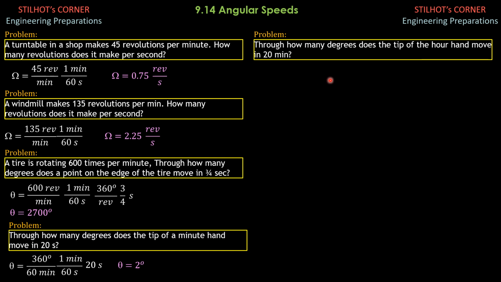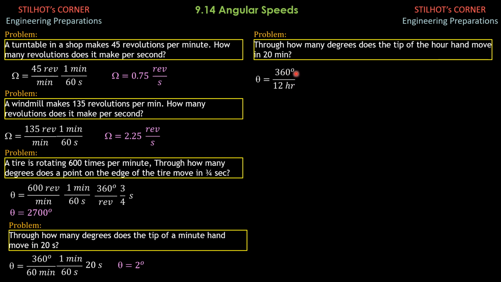Every graduation of the clock is 30 degrees, and for the hour hand, it means 30 degrees per hour, or 30 degrees every 60 minutes. So theta is 360 degrees per 12 hours. Let's begin with this.